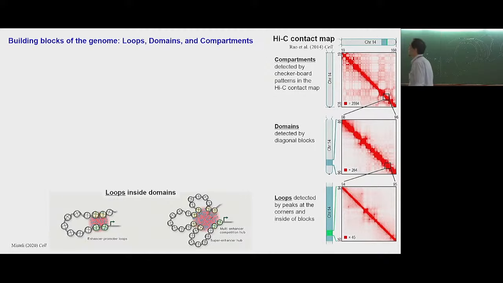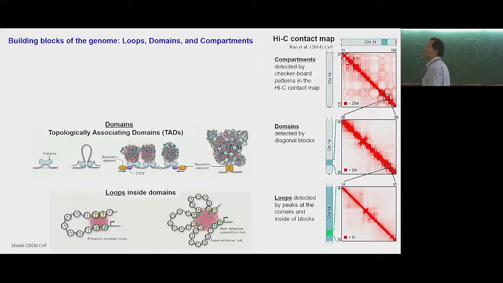This should represent some functional complex of chromatin, like an enhancer-promoter loop or a super enhancer hub, shown as an enforced pattern inside the domain. And the corner dot shows that this domain, for example, is a loop. The contact between the loop boundaries can be seen as a dotted peak like this.